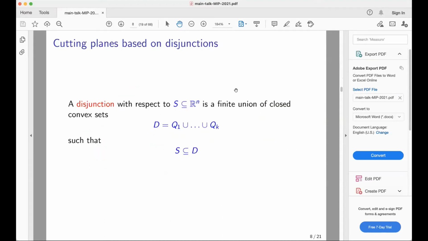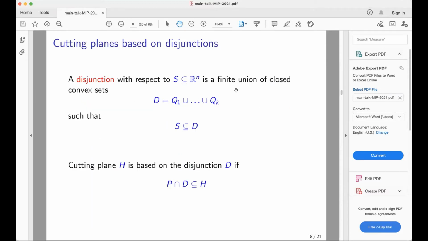I just want to point out that although we think of disjunctions as applied to branch and bound and branching schemes, you can actually use disjunctions for deriving cutting planes as well. And in fact, technically every cutting plane is derived from some disjunction. So how do you do this? Well, you just think about the intersection of your disjunction with your initial convex relaxation.